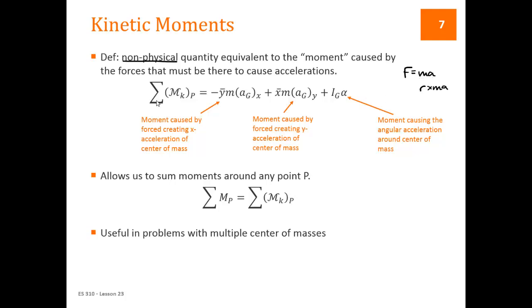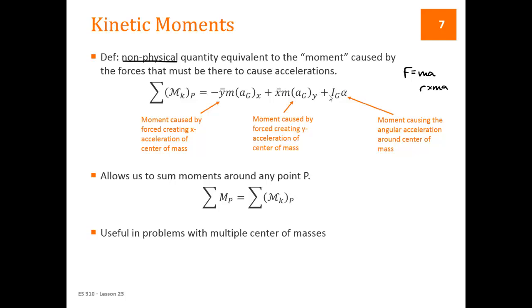So kinetic moments, again, not real moments. They have this cursive M type notation. And they're equal to the mass times the acceleration of the center of gravity in the x direction times y, which is the perpendicular distance, right? And plus mass times the acceleration of the center of gravity in the y direction times x, again the perpendicular distance.